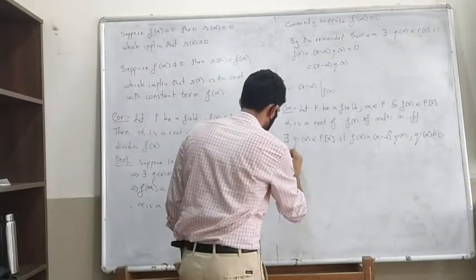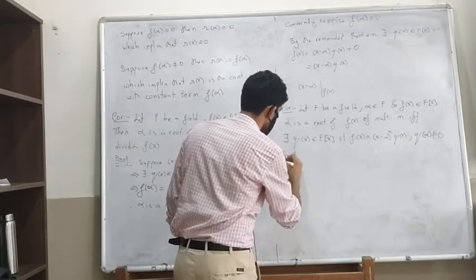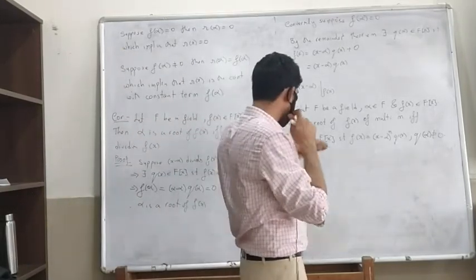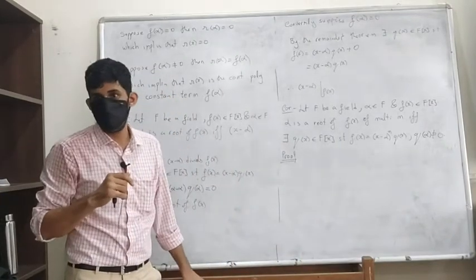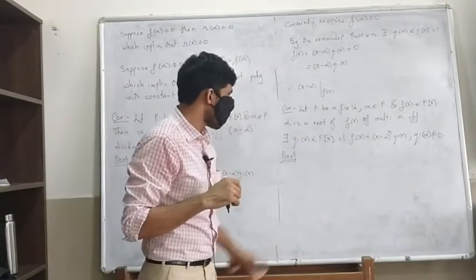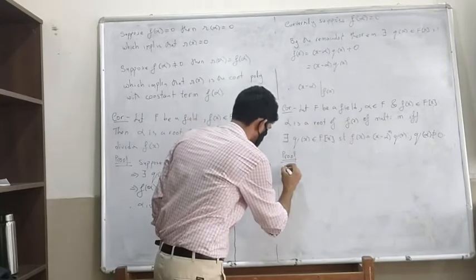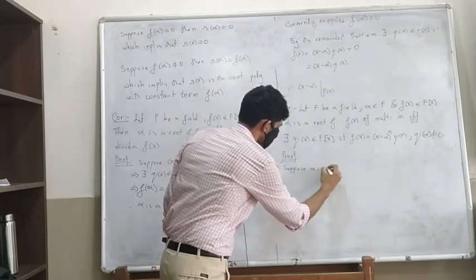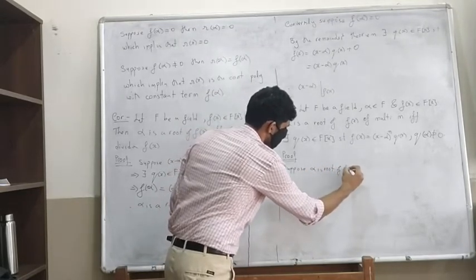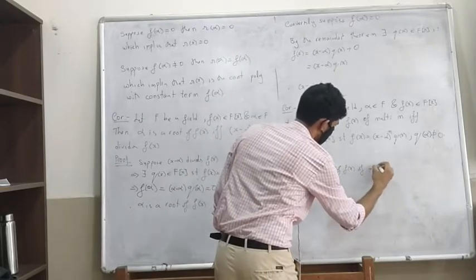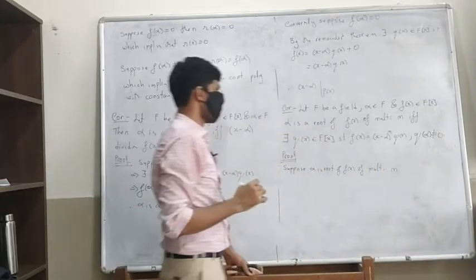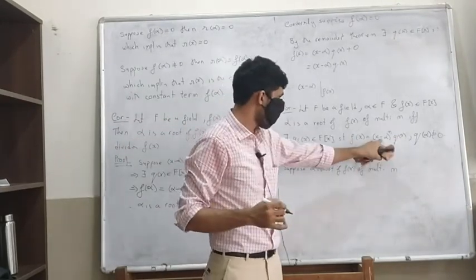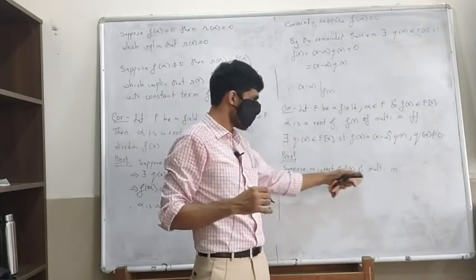The proof of this is again not very difficult. So first we can assume that alpha is a root of f of x of multiplicity m. So what does that mean? Suppose alpha is a root of f of x of multiplicity m. I want to prove this. It is very easy to get this q of x because we know that x minus alpha raised to m divides this, right?